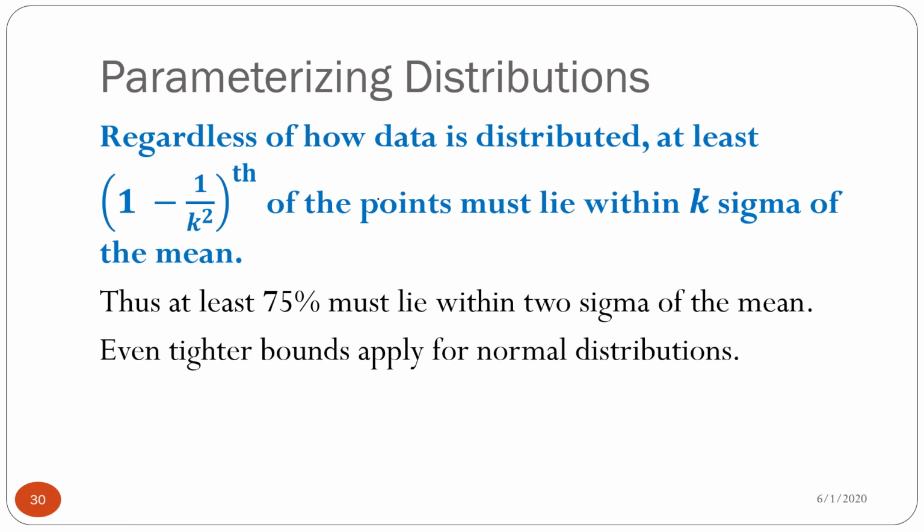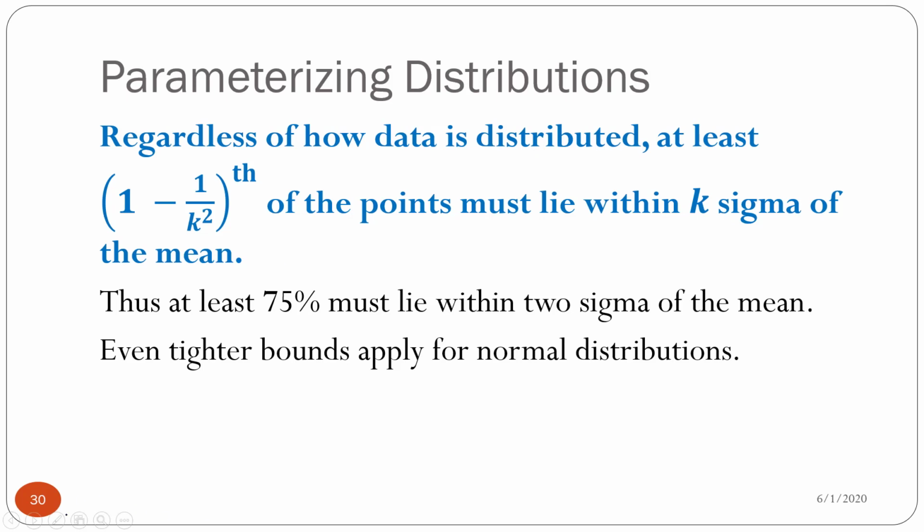So what does it say? It says that we have this expression which is 1 minus 1 by k squared. This fraction of data will be confined in the region between the mean and k sigma, k times sigma, right?